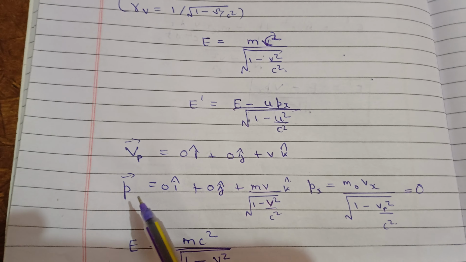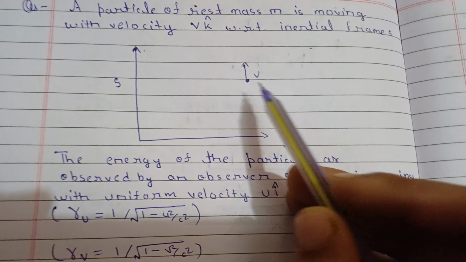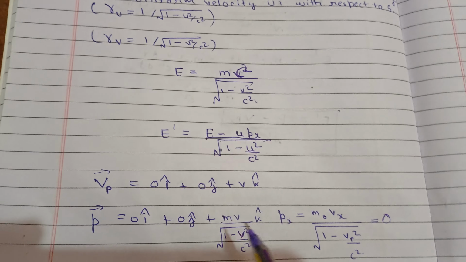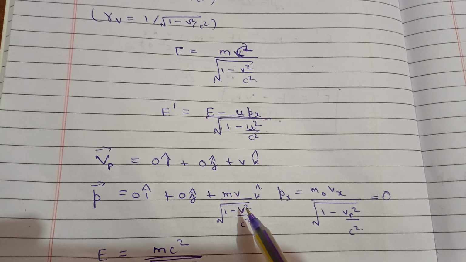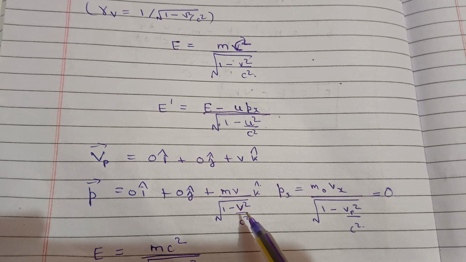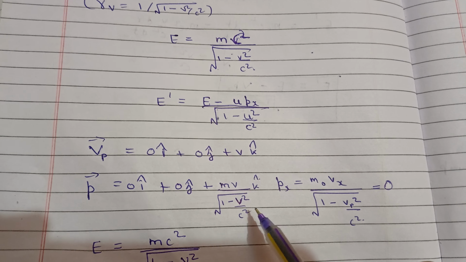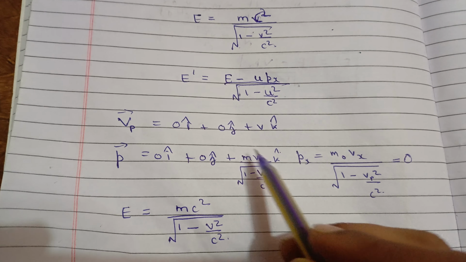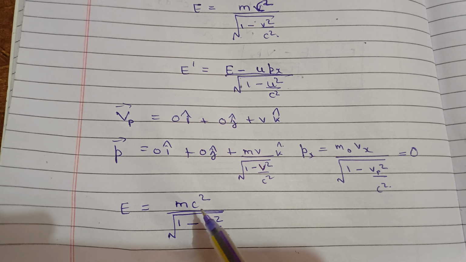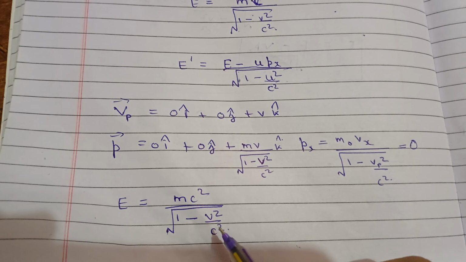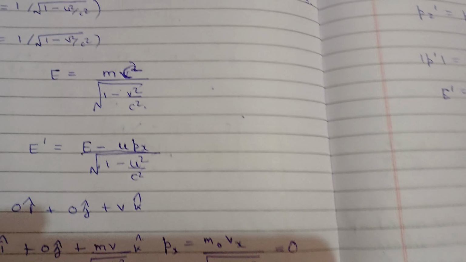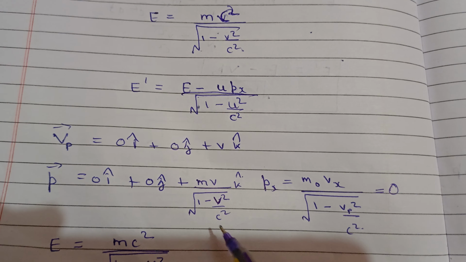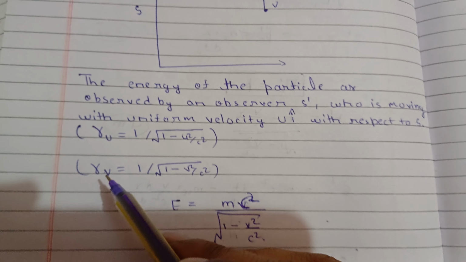Okay, so from here the momentum vectors are given. As the particle is moving in the z cap direction only, it will have zero momentum in x and y, and the momentum in z cap will be mv by root 1 minus v square by c square. Okay, px will be 0 because vx is 0, py will be 0, and pz will be this, and E in the rest frame is mc square by root 1 minus v square by c square. Okay, so from here this 1 upon root 1 minus v square by c square is gamma v.